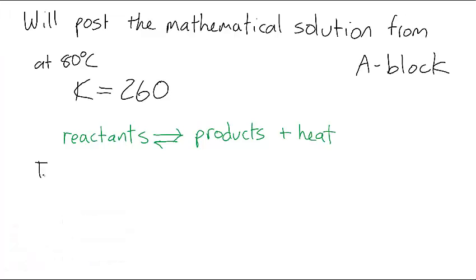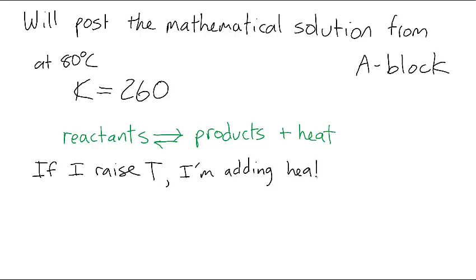So if I raise temperature, essentially that's the same thing as adding heat. What does Le Chatelier have to tell us about adding heat to this reaction? All right, reaction should shift to the left.